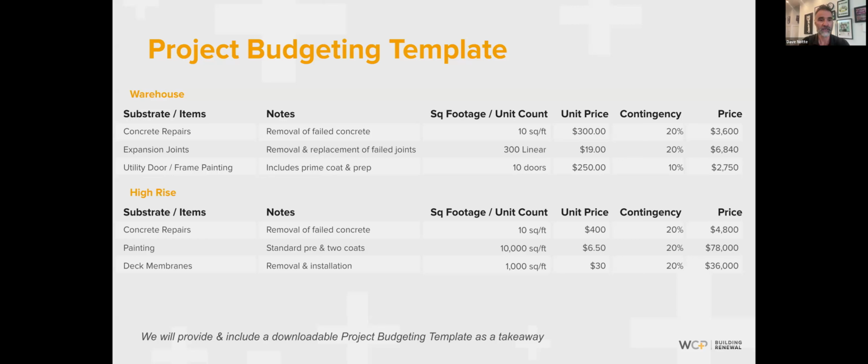Okay. Couple other items here that are super common. Expansion joints, we alluded to that earlier. Just a note here, we do hundreds of warehouses, and I can tell you that the most important thing to look at is not the paint system, it's the expansion joints.